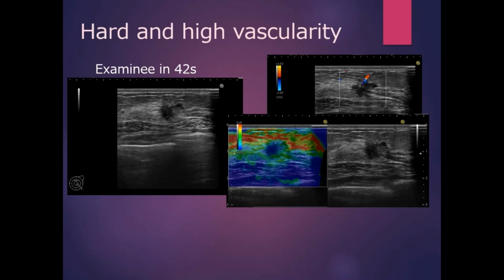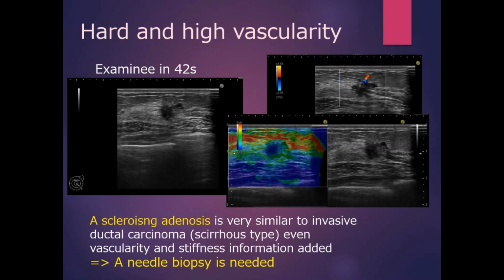The benign lesion, which is similar to invasive ductal carcinoma in morphology, vascularity, and stiffness, is sclerosing adenosis. It is to be category 4B to 4C, adding vascularity and elasticity information, so fix the diagnosis by a needle biopsy.